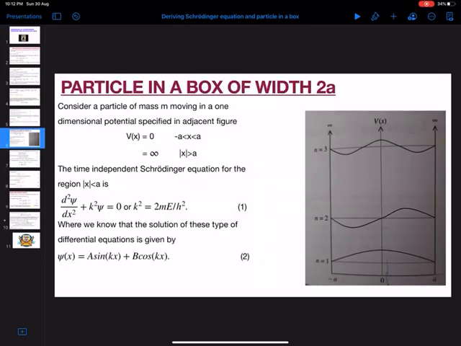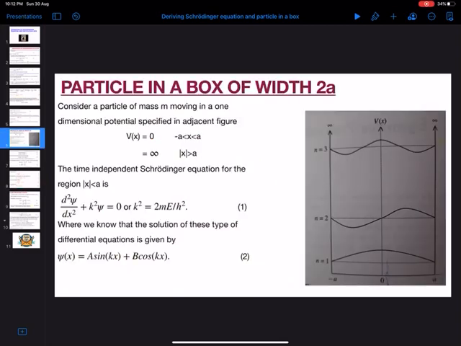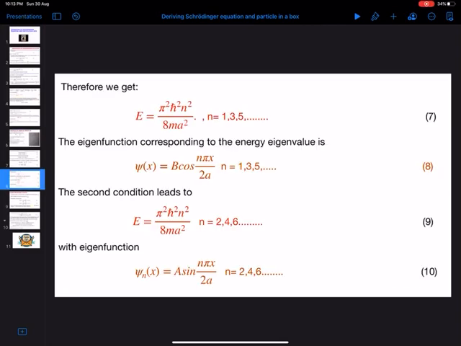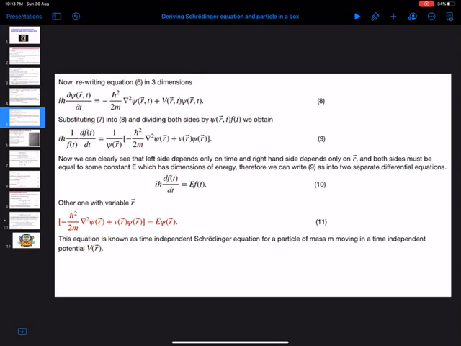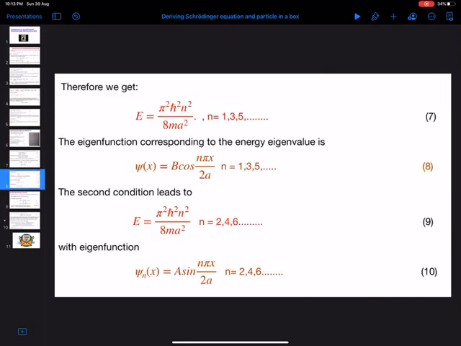In equation number 2 you can put this, and you will get psi x is equal to b cos n pi x by 2a. Like I can show you that here we can get a is equal to 0. So with a equal to 0, you will only remain with b cos kx. You can put the value of k, and you will get this b cos n pi x by 2a.